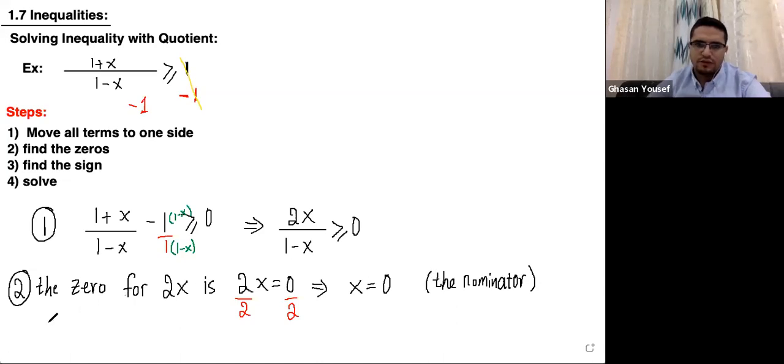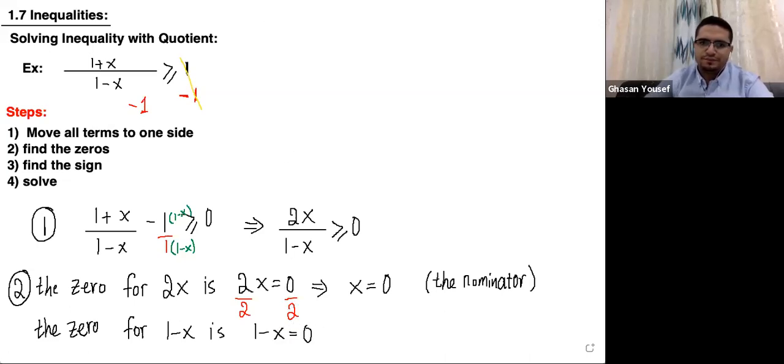Now for the denominator, the same step, the zero for 1 minus x is by making this equal 0, 1 minus x equals 0.